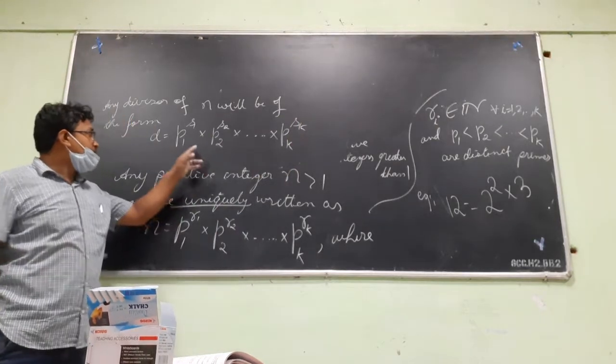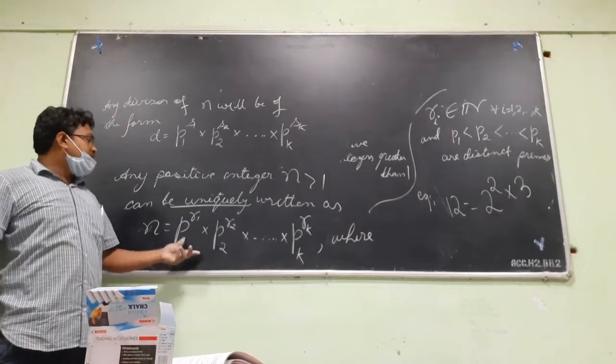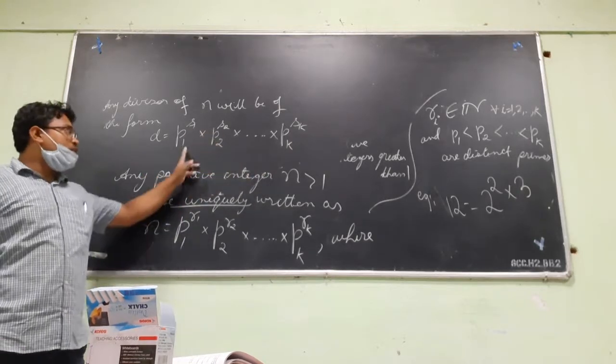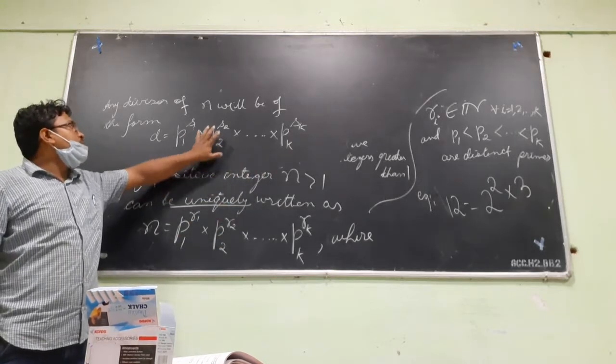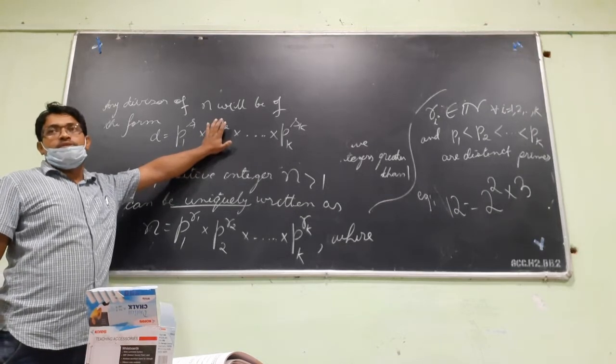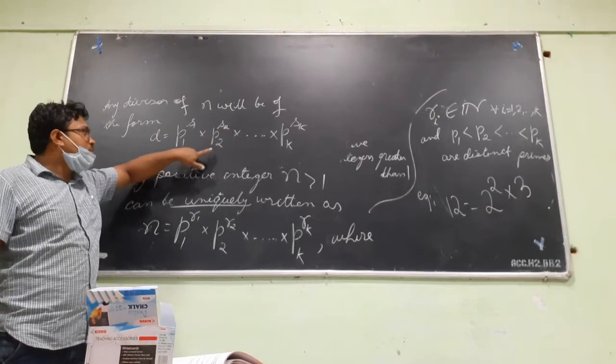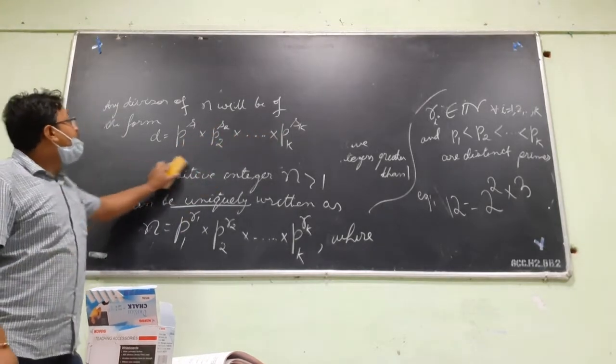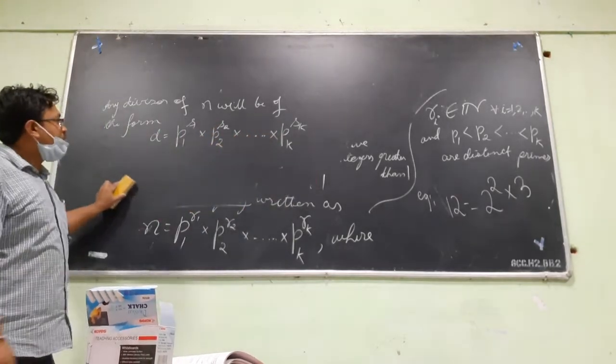Any divisor of this number will have only these prime factors, not anything else. It may not have all. The divisor may be something with only p1, or something with only p1 and p2. Others' power will be 0.